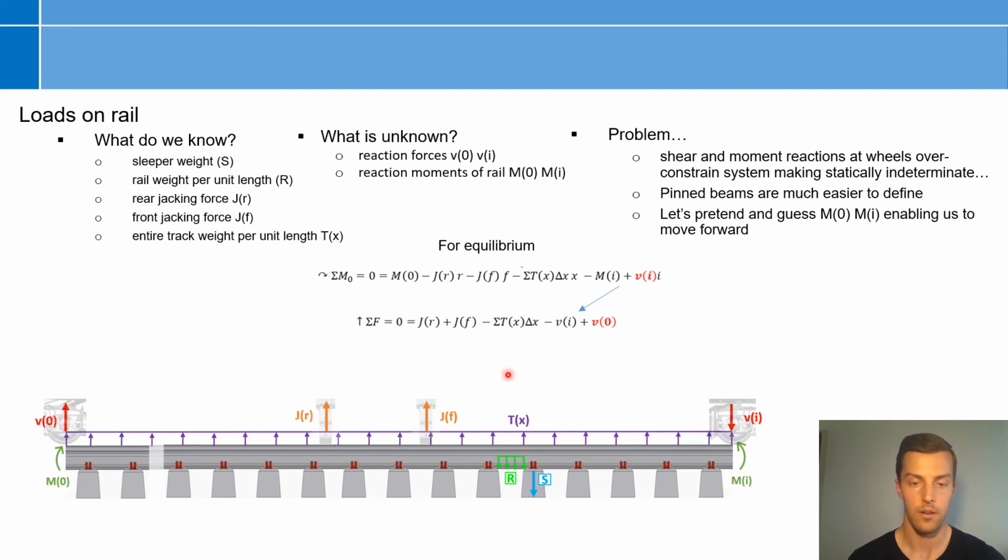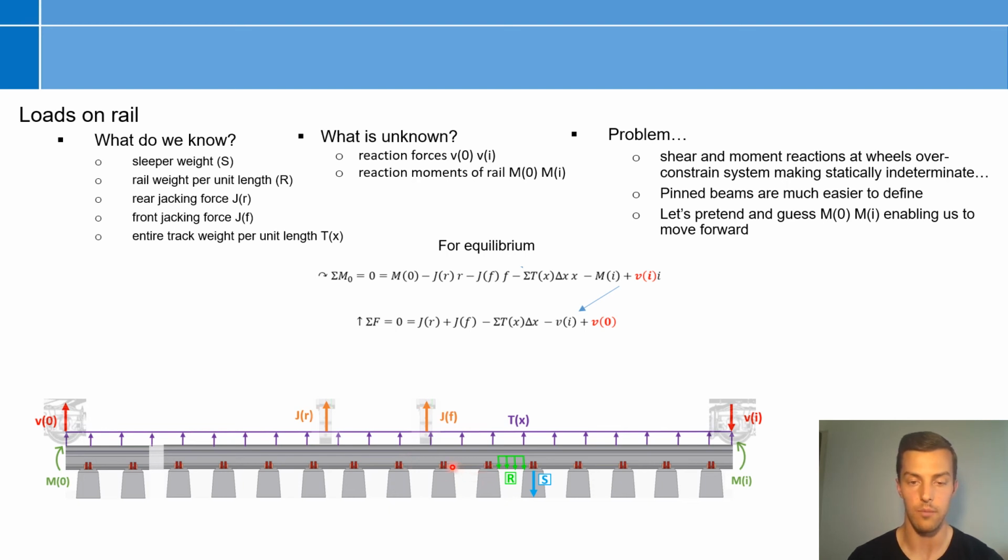And we know that the sum of the moments at any certain point has to equal 0. I think of this like a wrench, like you're applying a force with a wrench, and then the bolt is applying a force in the other direction. So similarly, we can look at the point at the left here. The jacking forces are going to rotate the entire track counterclockwise. Our track weight per unit length is going to rotate the entire track counterclockwise at the midpoint distance.